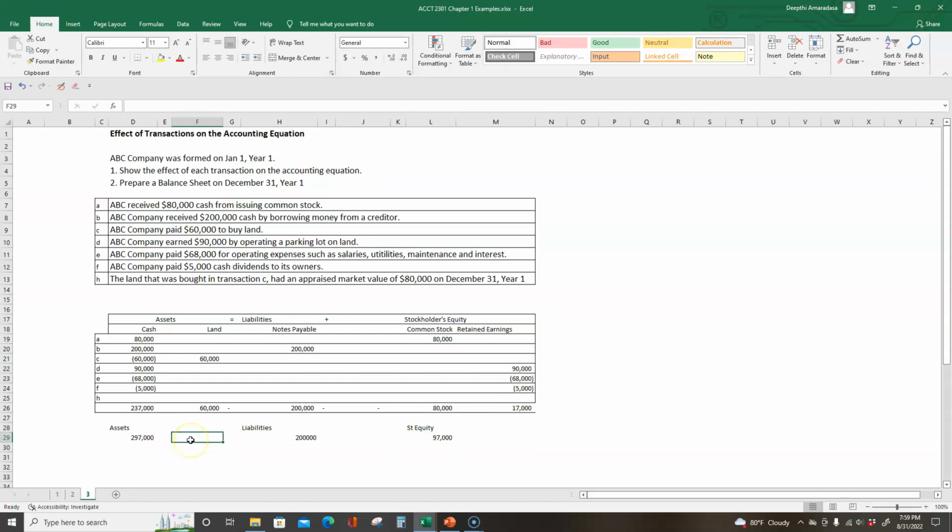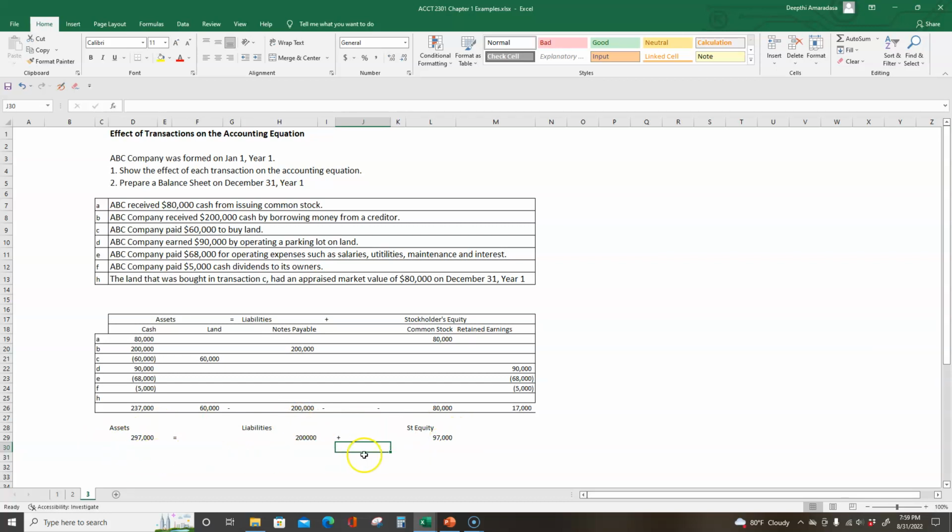So if we write out our accounting equation, you should have 297,000 is equal to 200,000 plus 97,000. Is that correct? Yes, it is. 297. If you add 200 plus 97, you get 297,000.